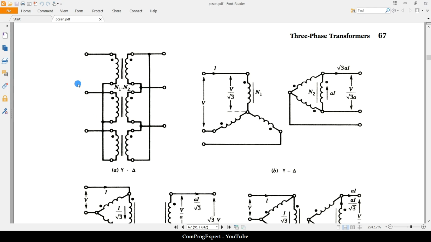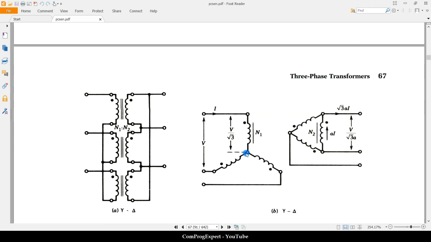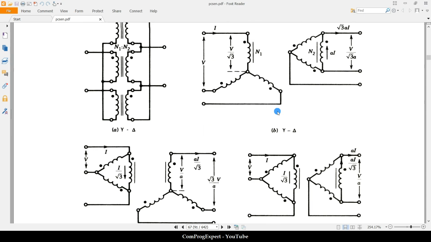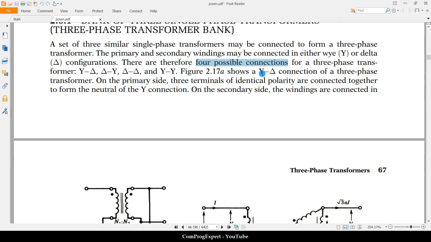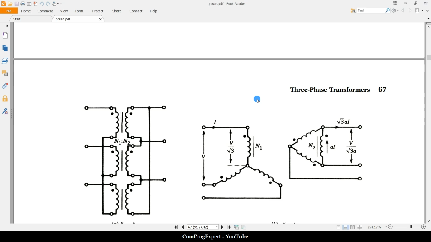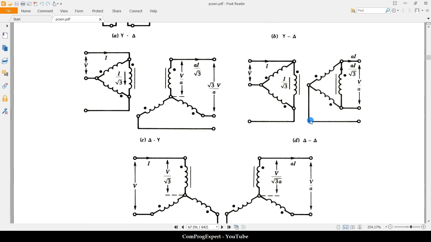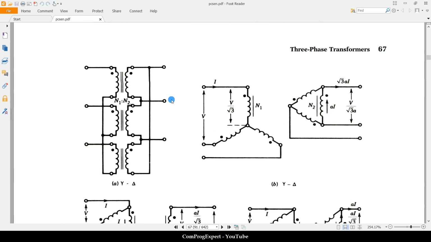So here you can see in the figure, the part B of the figure, you can see the connection in its circuit format. A more convenient way of showing this connection is illustrated in this figure. So this is the Y connection and delta connection.